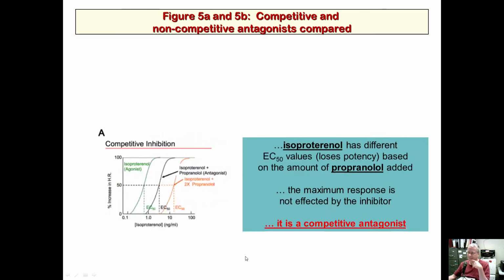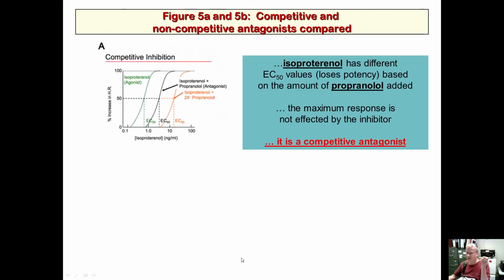Okay, so this is just a summary of those two real quick. Competitive inhibition, again, isoproterenol has different EC50 values based on the amount of propranolol added.